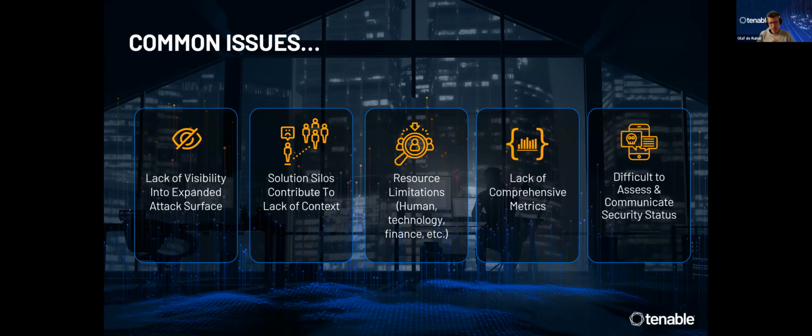Then maybe for most customers a big issue is resource limitations. Having the people available in the security teams and the IT operations teams to look at the data and act on it. So the customers need help with this. And to the right, communicating it, making the reports to management levels, to actually communicate where is the risk and how you should address it. That's something Tenable focuses on.